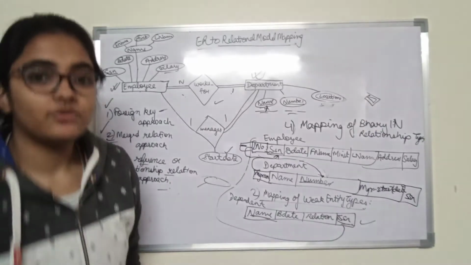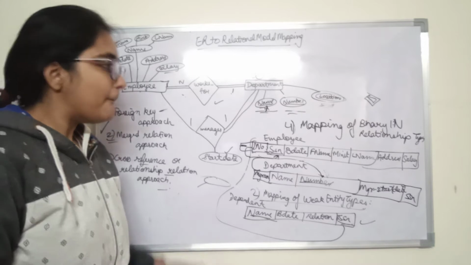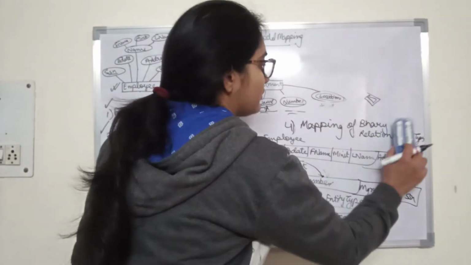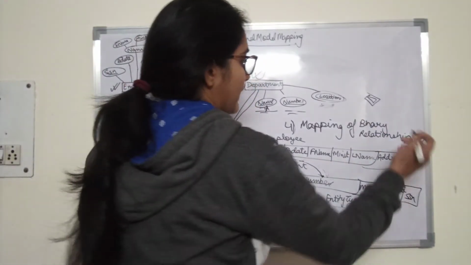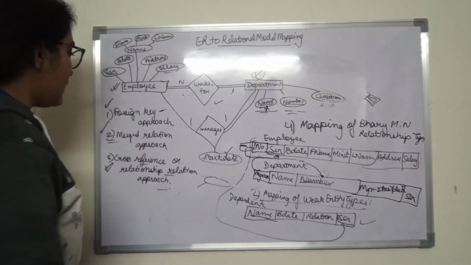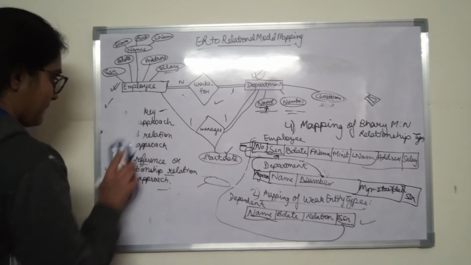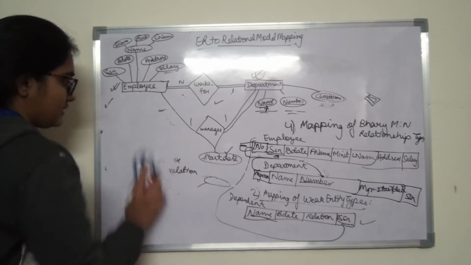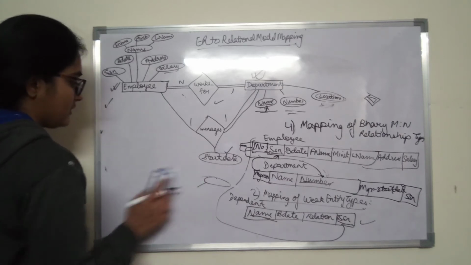Now let us move on to mapping of a binary m:n relationship type. Let me erase this, and here only I'll create it.